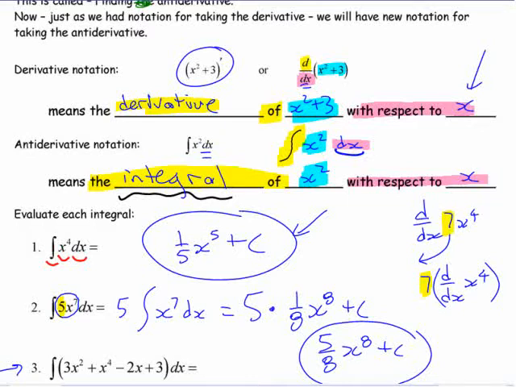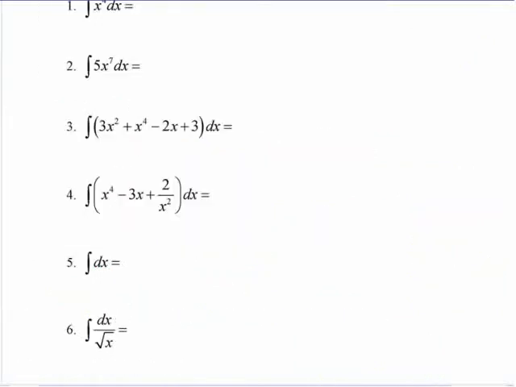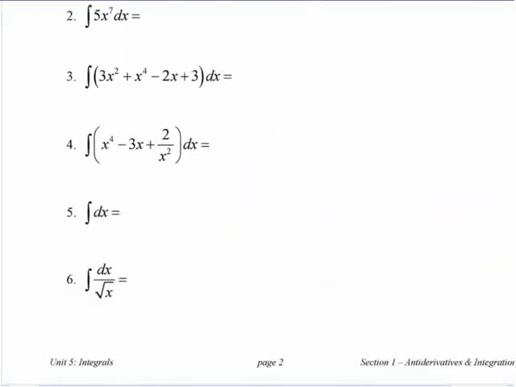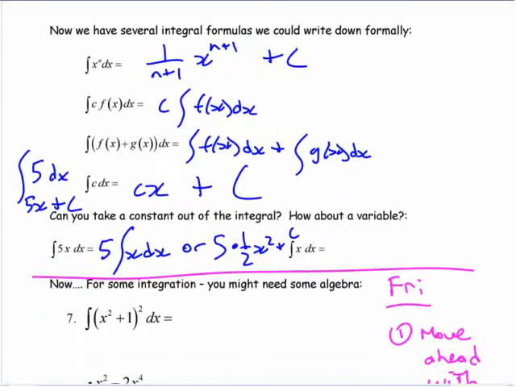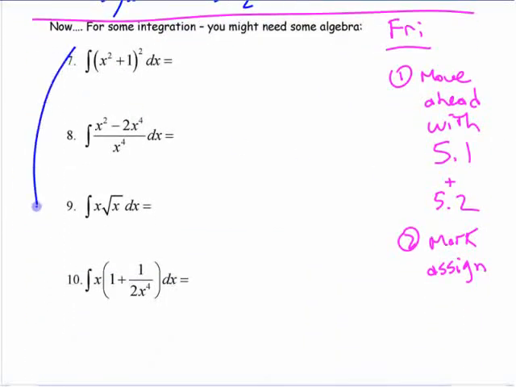The only technique you're going to look at is what's called substitution. We can look at that in a few minutes after you've done a few more of these to warm yourself up. These ones, don't forget that a technique you could use is just using algebra first before you find the integral.